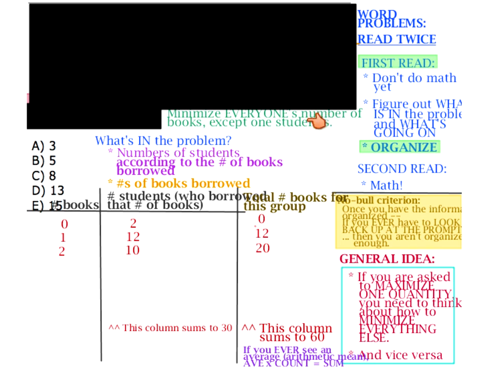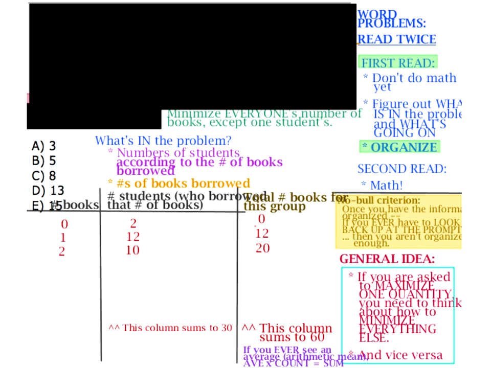So what we're doing now is, well, we have to minimize everyone else's number of books. So this is 24 students. So there are how many students left to think about? Chat box. There are 6 left. And one of those students is hogging books. So that means that we have to minimize the other 5.